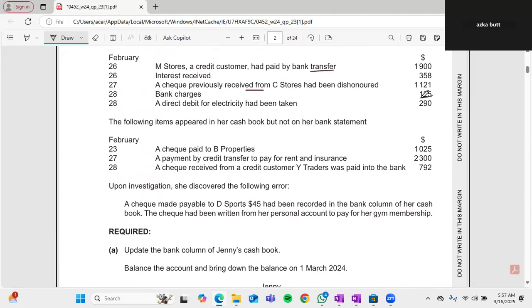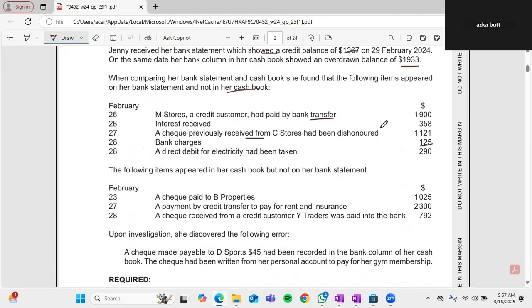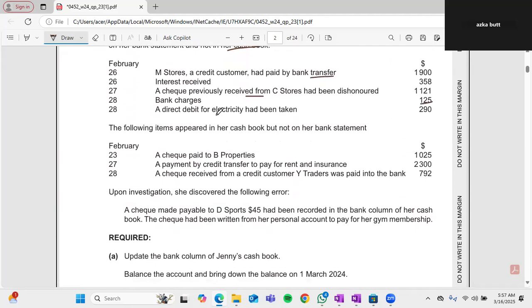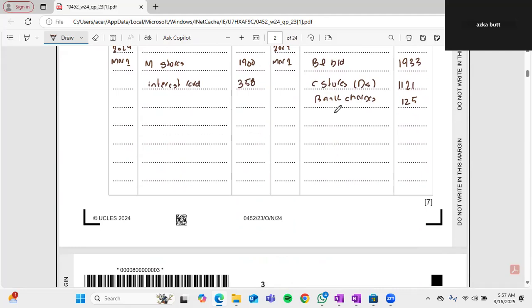And bank charges are 125. So we also need to record this on the credit side because this is a cash outflow. Direct debit for electricity had been taken. This is 290. So again, direct debit is deducted from the account. That's why we have to write it here.